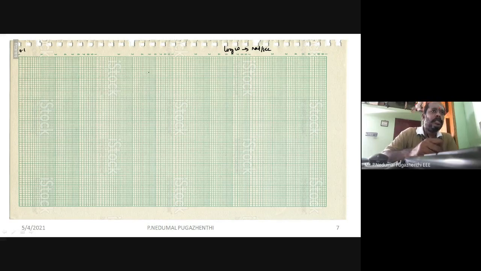If it is 0.1, this is 0.2, 0.3, 0.4, 0.5, and it goes on. This is 1, 2, then 10, 20, 30, then 100, 200, and this one is going to be 1000.